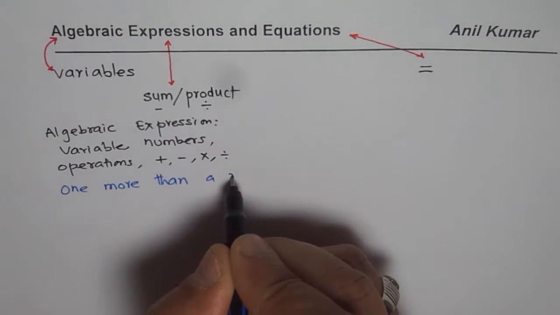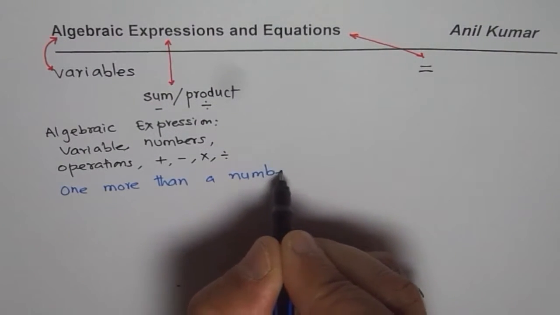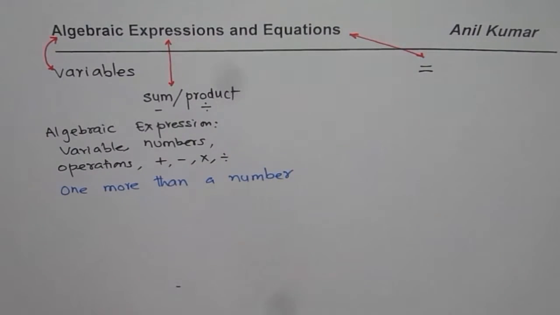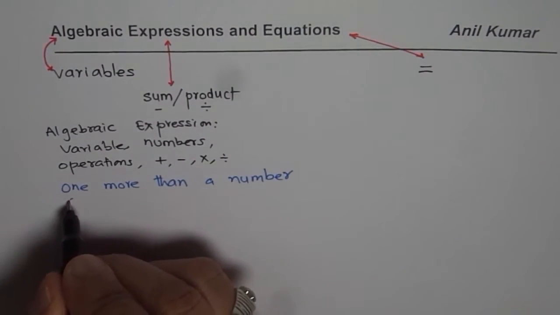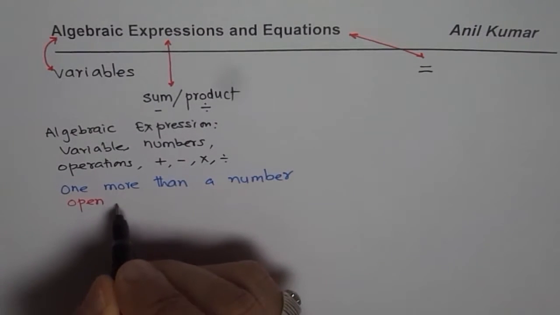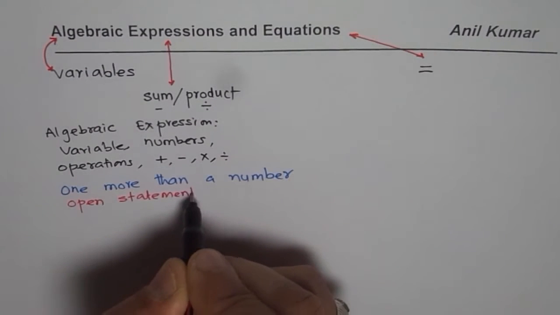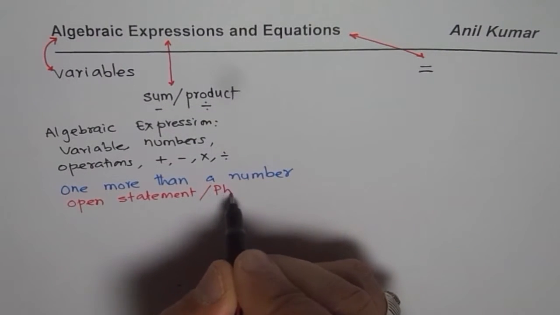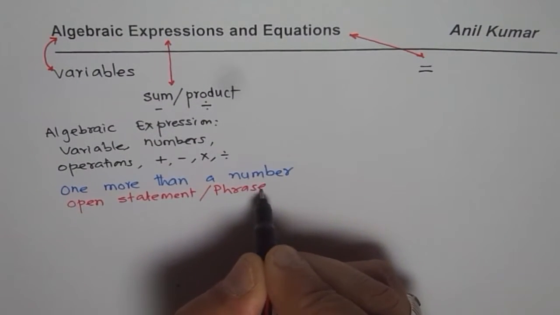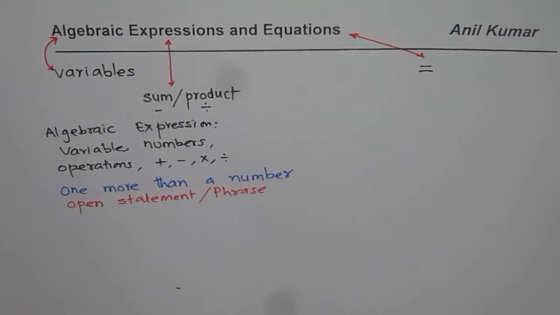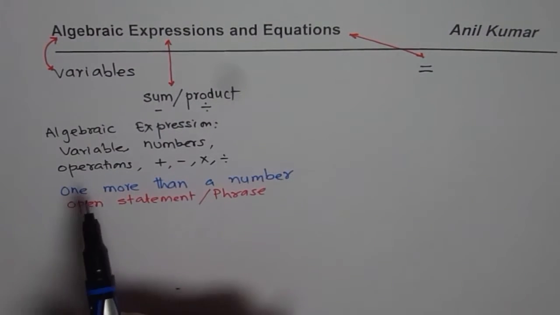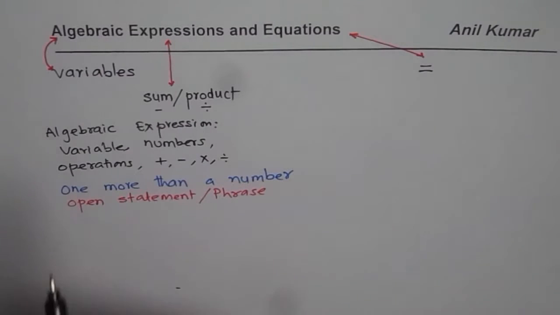If I'm saying one more than a number, it is kind of an open statement, right? We'll call this an open statement, or we can say it's a phrase. That kind of situation represents an algebraic expression.